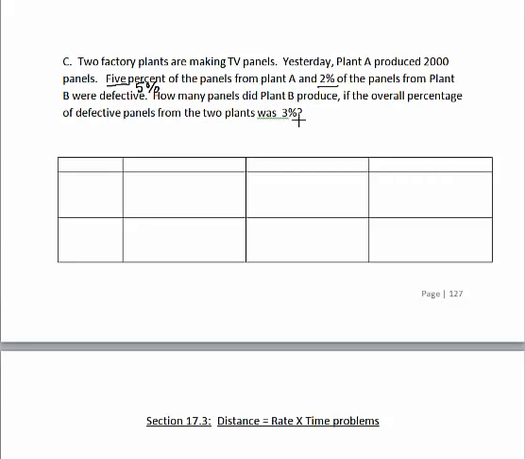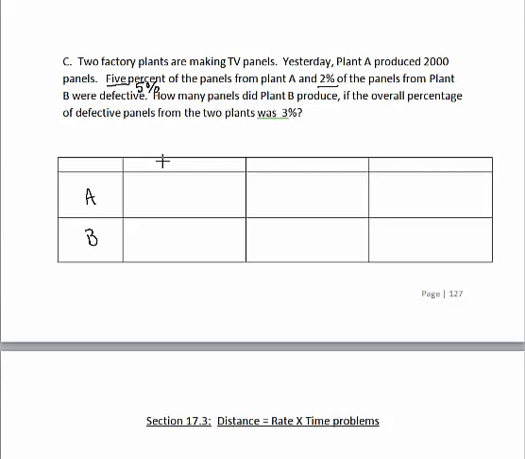So here they go again. They've given us the overall percentage instead of the overall number, the total. Alright, so we have to be given this percentage. Okay, we can't get this any other way. So there's two factories, A and B. We have a total number produced.